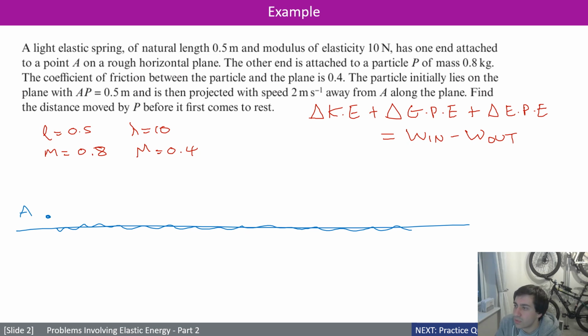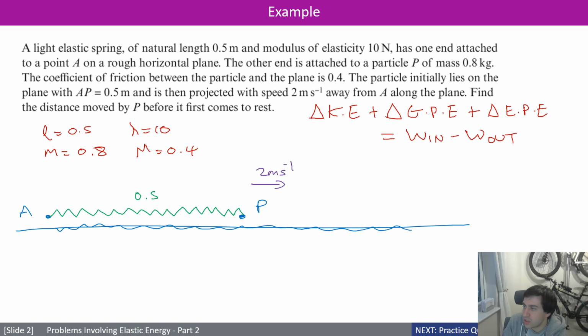Okay, so there's P, which means the spring is at its natural length, so that keeps things nice and easy. It's at 0.5 already. And then it's projected away with speed 2 meters per second. Okay, so similar to a previous question, that speed has nothing to do with the spring itself.